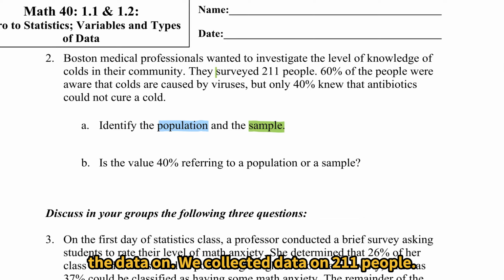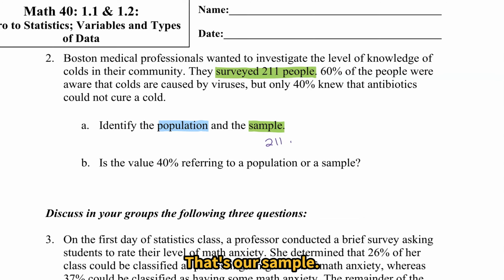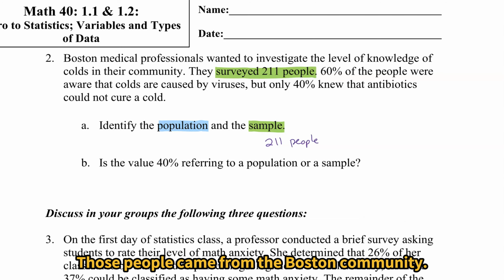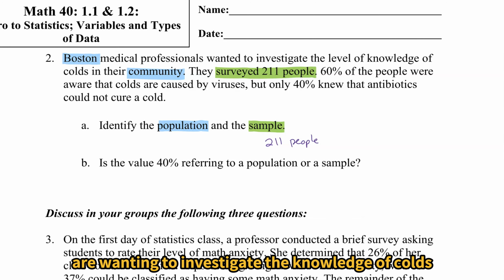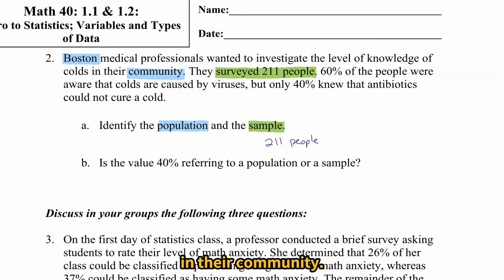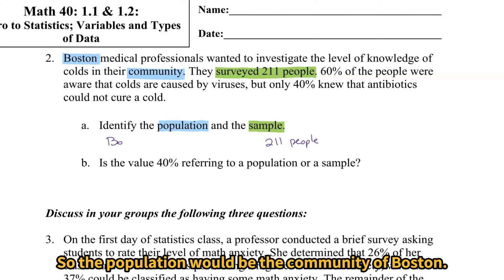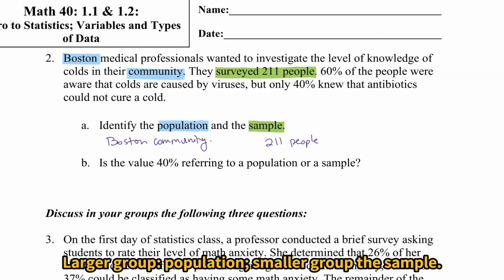We collected data on 211 people. That's our sample. But where did those people come from? Those people came from the Boston community. The Boston medical professionals are wanting to investigate the knowledge of colds in their community. So the population would be the community of Boston. Larger group, population. Smaller group, the sample.